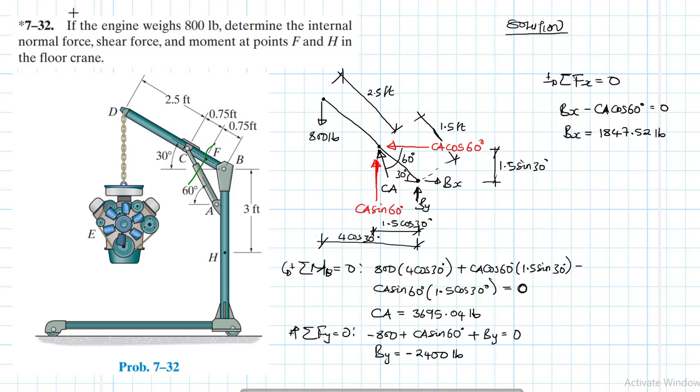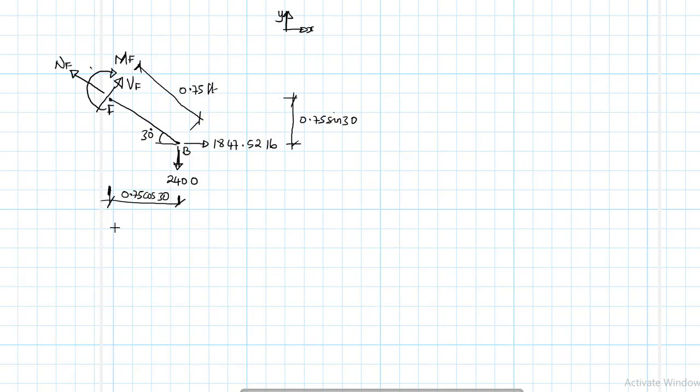And when we've cut this member here, I'm going to use the right hand side section. Alright, here we go. So let's take moments about F. So we say summation of moments about point F equal to 0. What do we have? We have minus 2,400 times 0.75 cos 30.